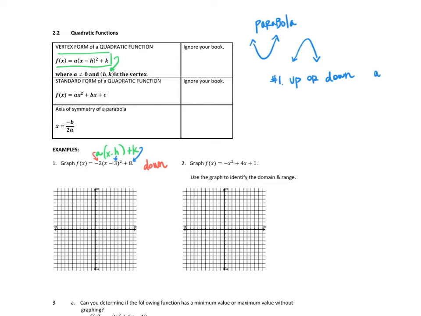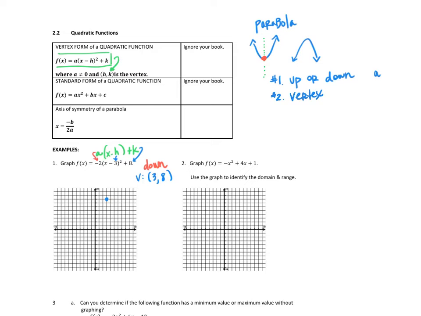Now, the second thing I'd like you to see if you can determine is the vertex. Well, when it's in vertex form, the vertex is going to be 3, 8. And so I could plot that point, 3, 8. And the great thing about the vertex is once we know the vertex, every parabola has an axis of symmetry that always goes through the vertex.